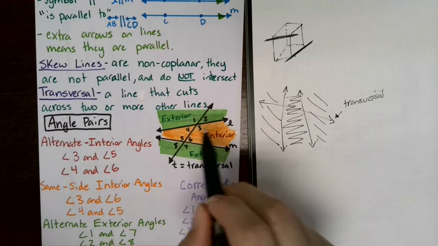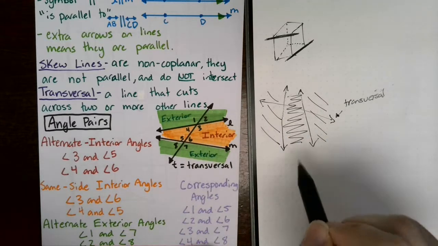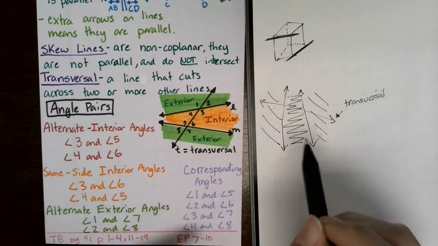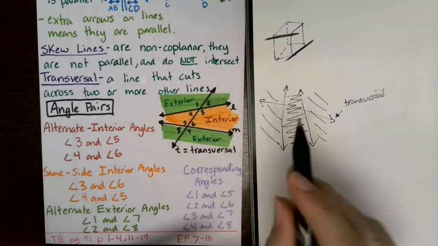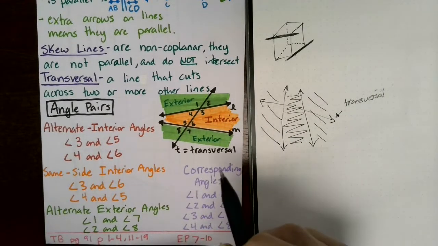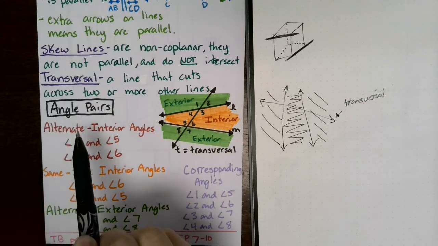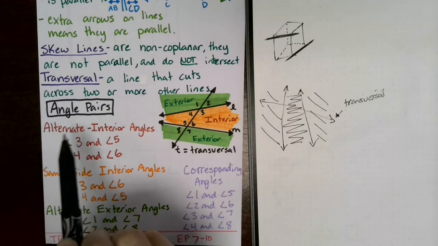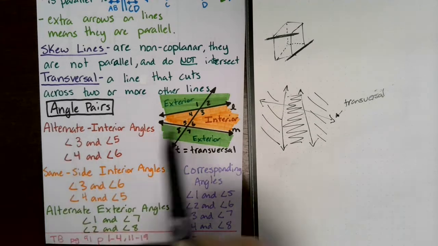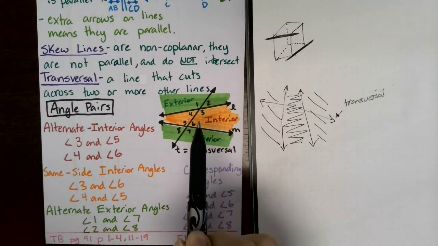So we have interior and exterior, and it could be sideways too, so we keep that in mind. So the way that this naming of these angles work is by saying alternate interior angles. They're on different sides of the transversal, that's what alternate means, and they're on the interior of the two lines.